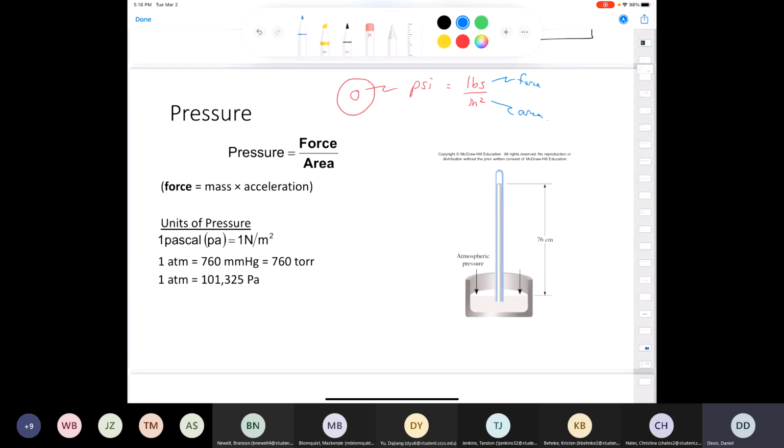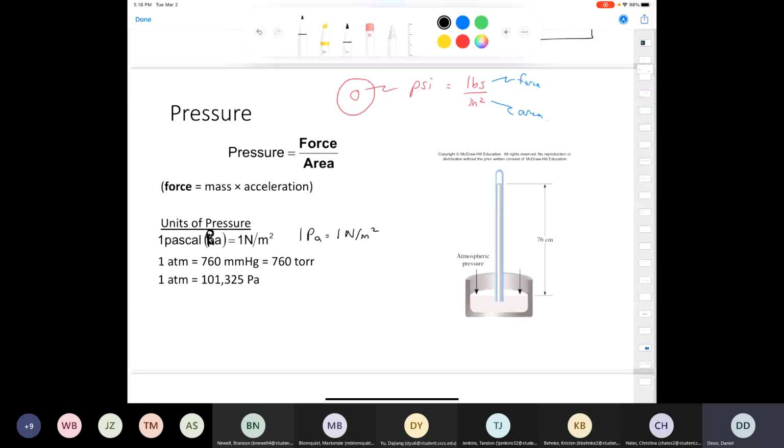Now, what are the units of pressure that we're going to use in this class? Well, we're going to use all of the pressure units that you see here. Every single one of these is going to show up. I noticed there's a mistake here. Instead of lowercase a like this, it should be a capital P here. So this should be an uppercase P. You can fix that. So 1 Pa, uppercase P, is equal to 1 Newton per meter squared.